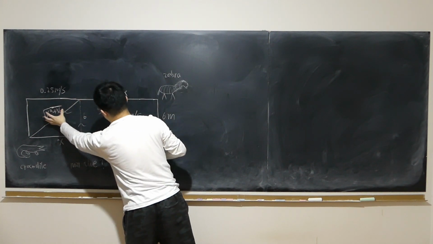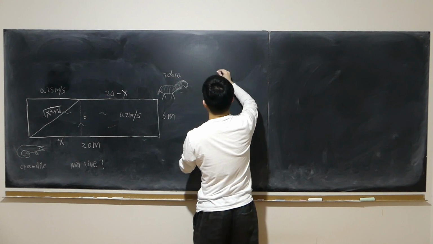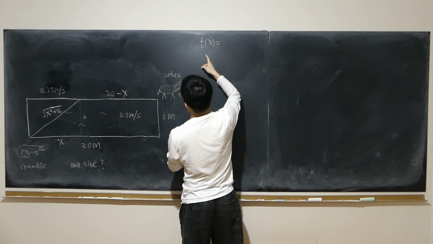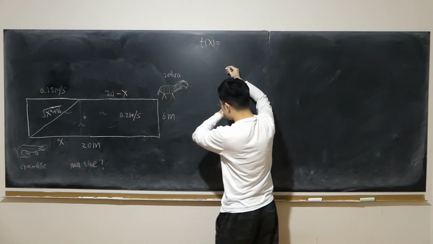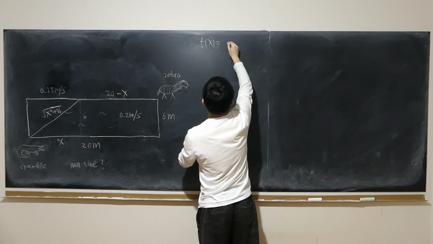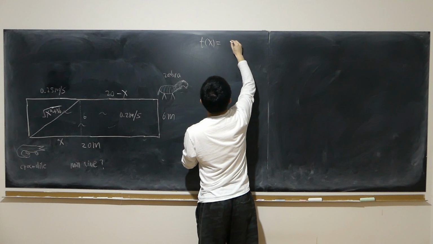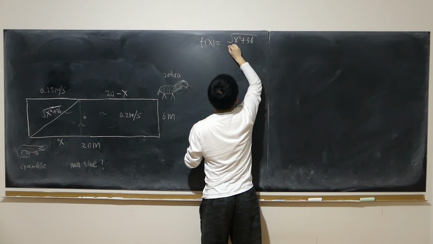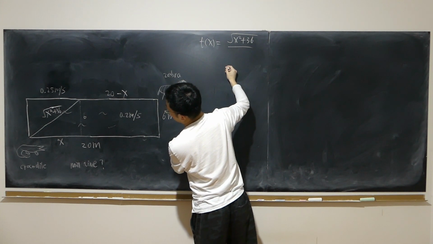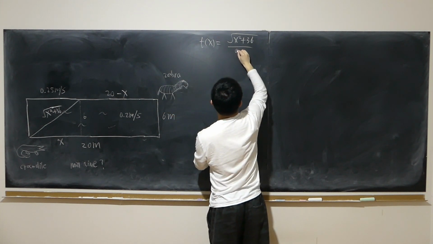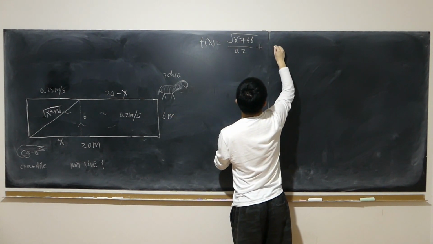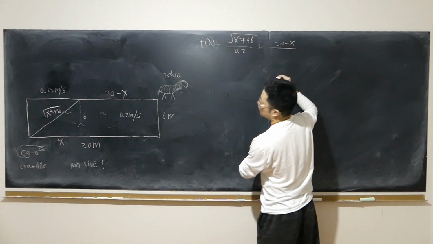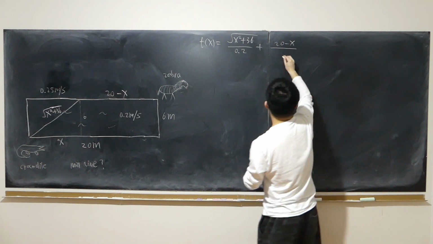So the total time function in terms of x I can express as the square root of x squared plus 36 divided by the speed in the river, 0.2, plus 20 minus x divided by the speed on the land, 0.25.